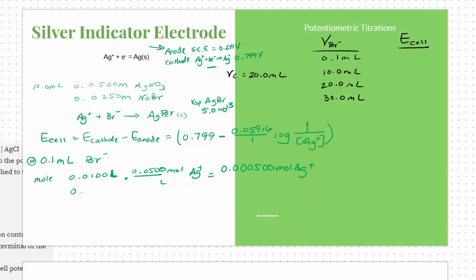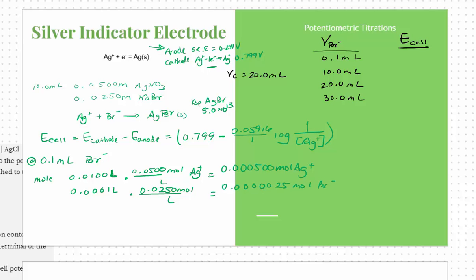And then we're going to add some amount of our bromide solution. So I multiply that by 0.0250 moles per liter. And I get more zeros. It might be better to keep this in scientific notation. Do what's best for you. Keep it in your calculator, though.